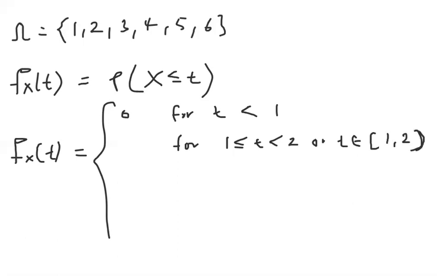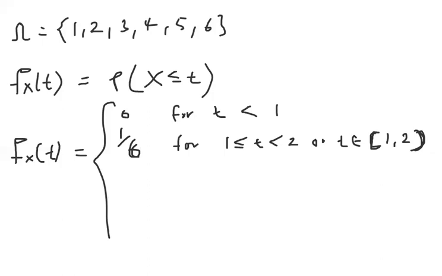This expression means 2 is not part, but 1 is included. So when you throw the die, with 2 not inclusive, it is only 1, right? And the probability of having 1 is 1 over 6. So it equals 1 over 6 for 1 less than or equal to t and t less than 2.